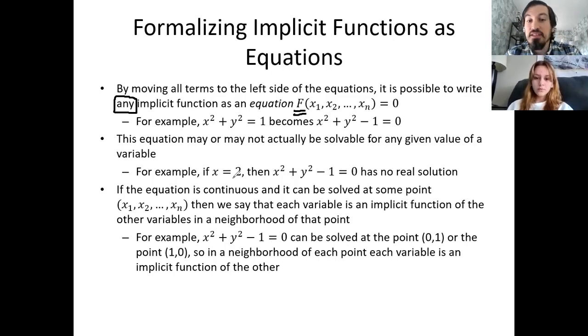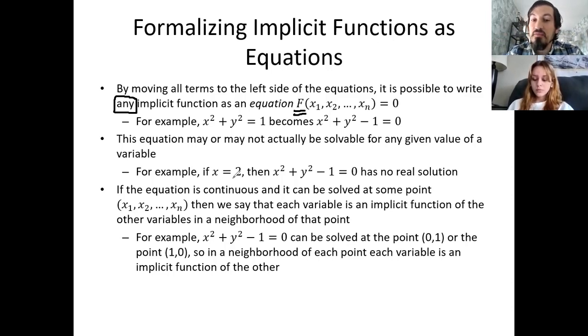Next point. If the equation is continuous, which means a little change in x corresponds to a little change in y, and there are no big jumps, and it can be solved at some point, right? It should be solvable somehow.